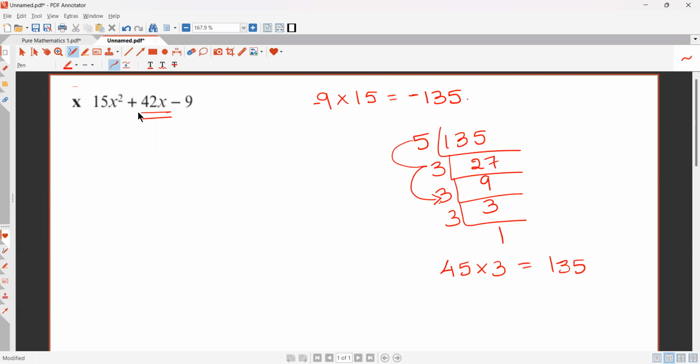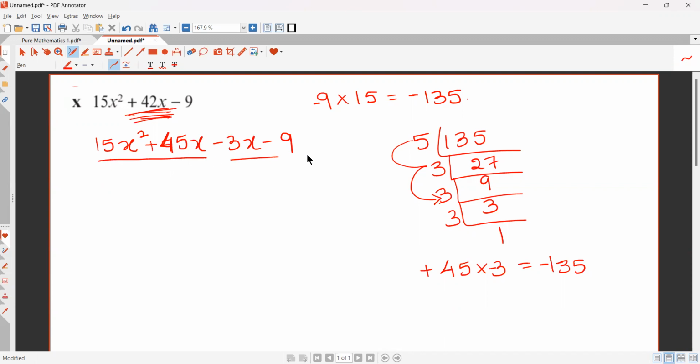And here your 42 is positive. Notice that means your 45 also has to be positive, and your 3 has to be a negative. So minus 3. Can I now write it 15x squared plus 45x minus 3x minus 9? Okay?